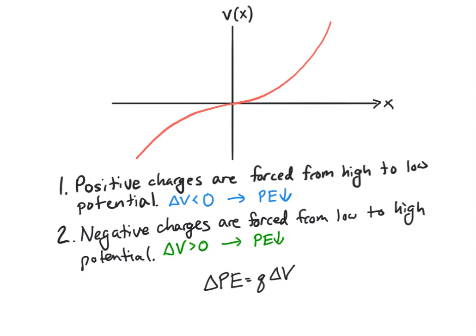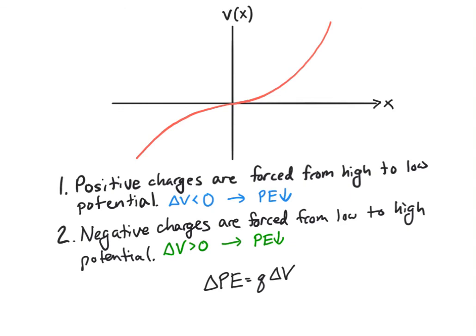That's kind of like how masses behave in gravity, right? Gravity always pushes things downhill. Negative charges do the reverse. If I place a negative charge at a negative potential, it will experience a force towards higher potential, and so negative charges can be thought of as sort of sliding or rolling uphill along the curve of potential.